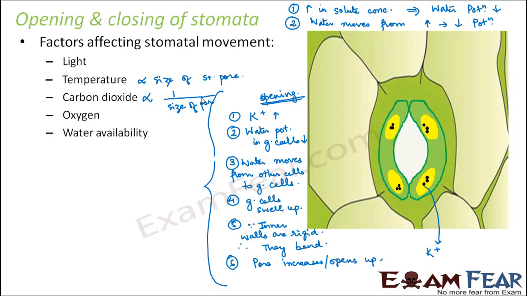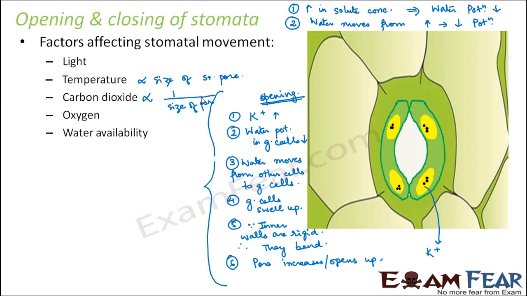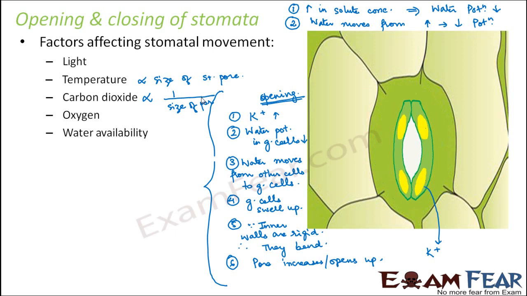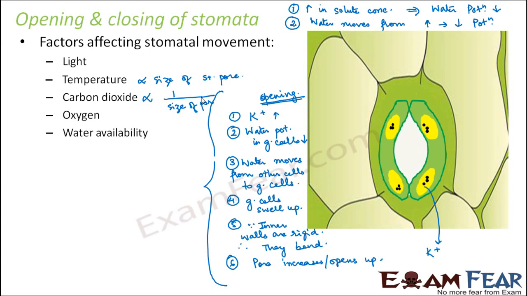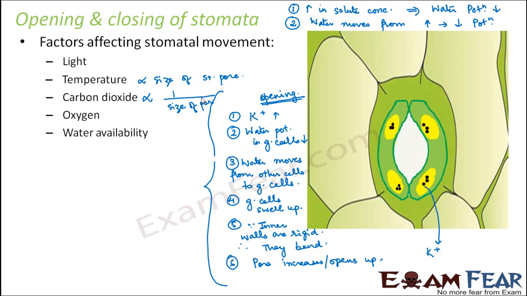Next is water availability. Now, there might be certain areas or certain seasons where there is less water available to the plant, or there is a high transpiration rate. In that case also, the stomata closes up because, as I said, one of the important challenges in the life of every living organism, including plants, is dehydration. So water should not be lost to a large extent.